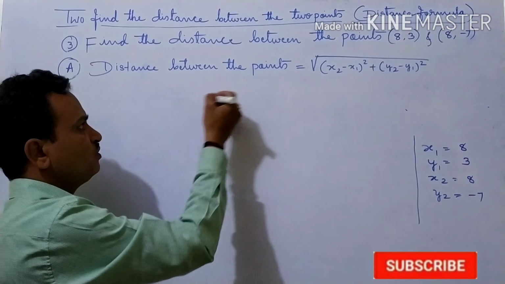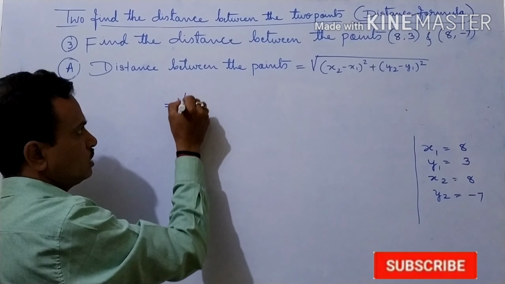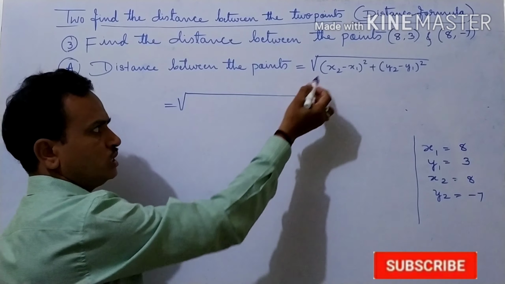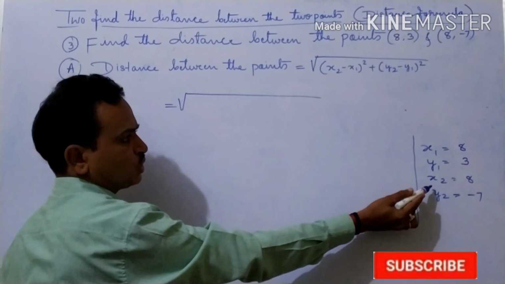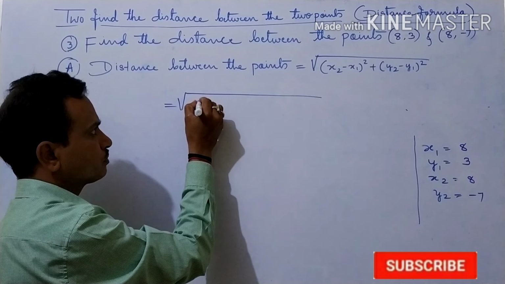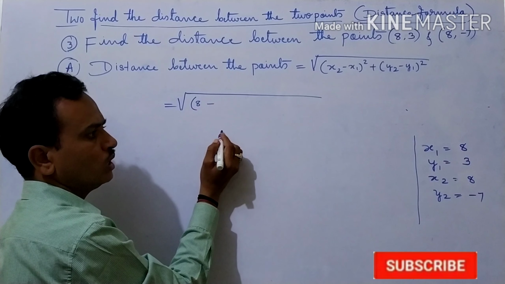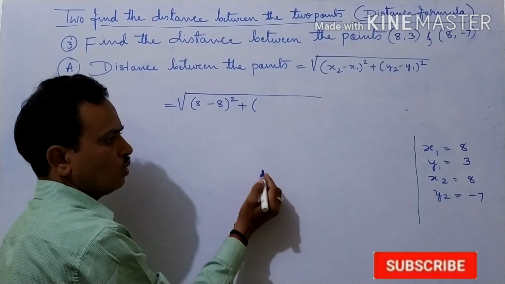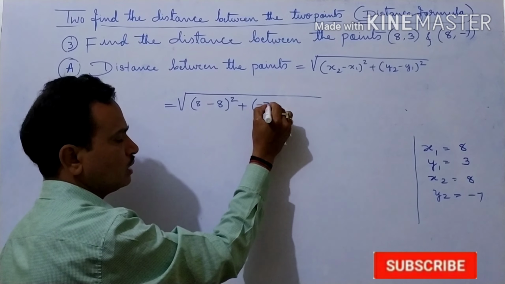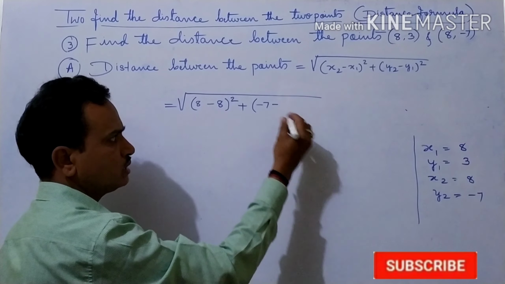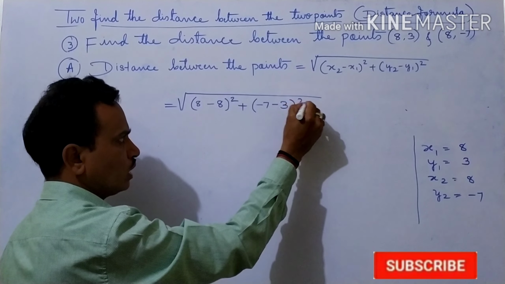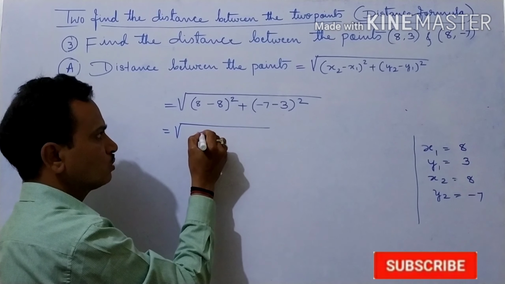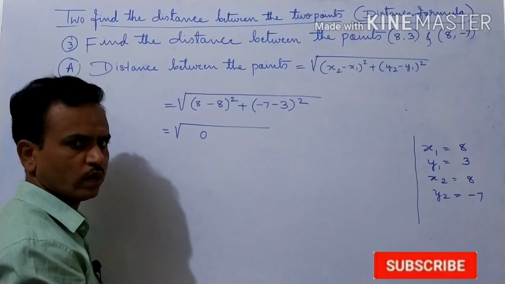Now in this formula, substitute all these values. x2 is 8, minus x1 which is 8, whole square, plus y2 which is minus 7, minus y1 which is 3, whole square. 8 minus 8 is 0, no need to write 0 square.